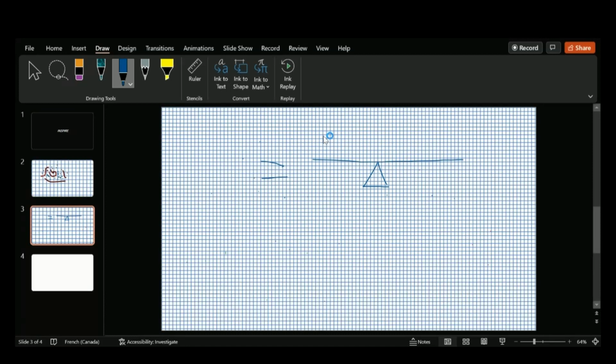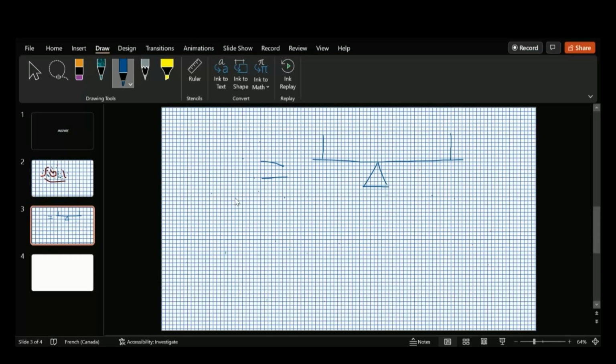So let's say we have 1 here and 1 here. Let's say the balance, we want the balance to stay straight. So the equal sign is basically both sides need to be the same.